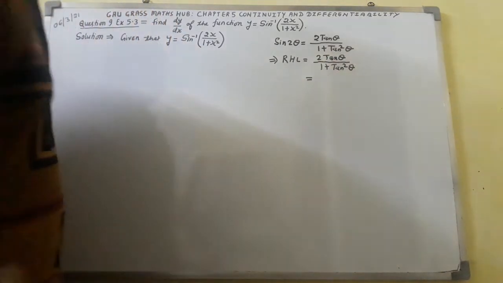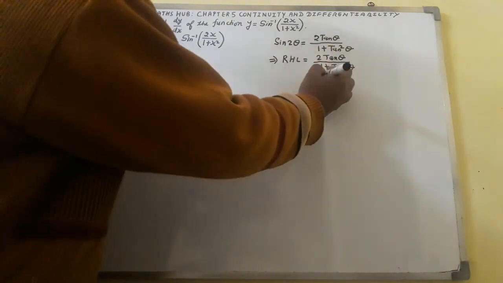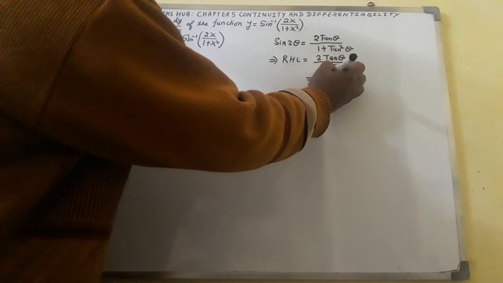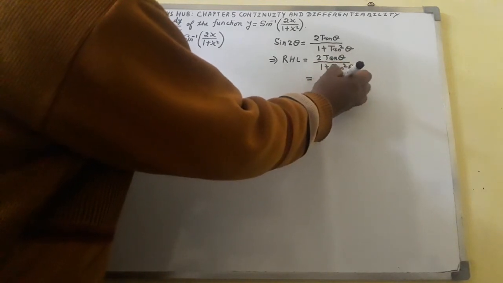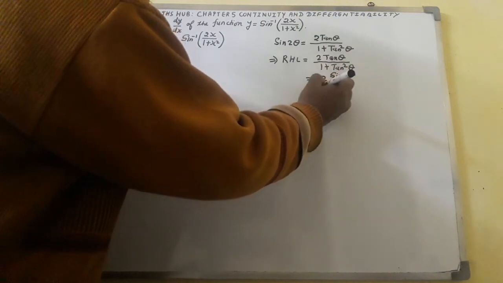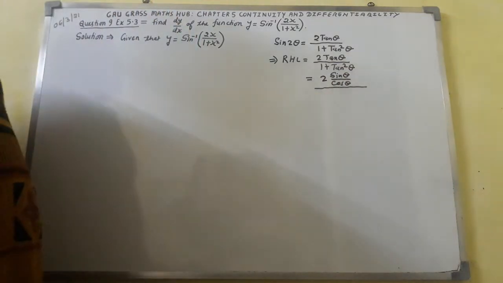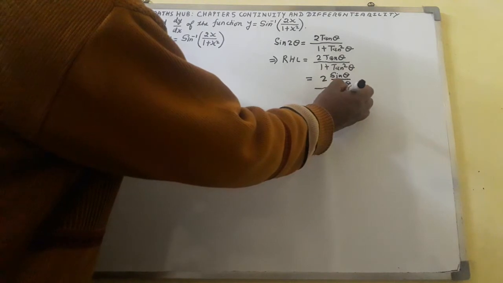comes out to be 2 tan theta, can be written as 2 sin theta over cos theta, whole over 1 plus tan square theta equal to sec square theta.